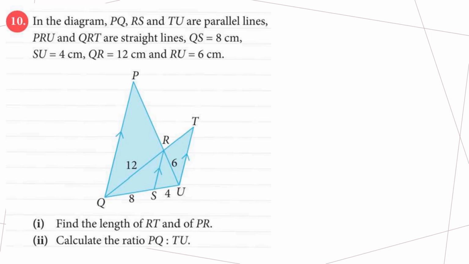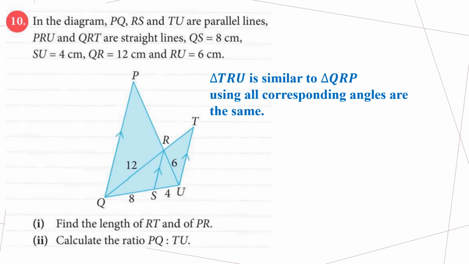Yes, it's really easy because once we find these unknowns RT and PR, we can just find the ratio already. Okay, so what's the ratio? So we know that triangle TRU is similar to QPR.